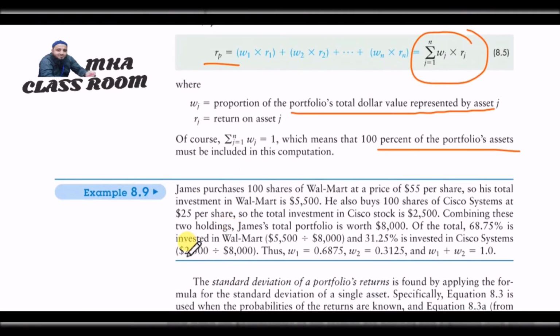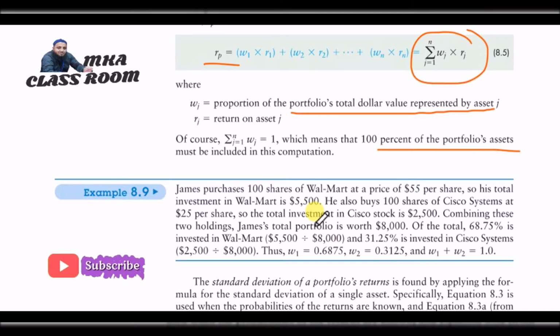Here is an example which will make this clear. James purchased 100 shares of Walmart at a price of 55 per share, so his total investment in Walmart is $5,500. He also buys 100 shares of Cisco Systems at 25 per share, and the total investment in Cisco stock is 2,500.